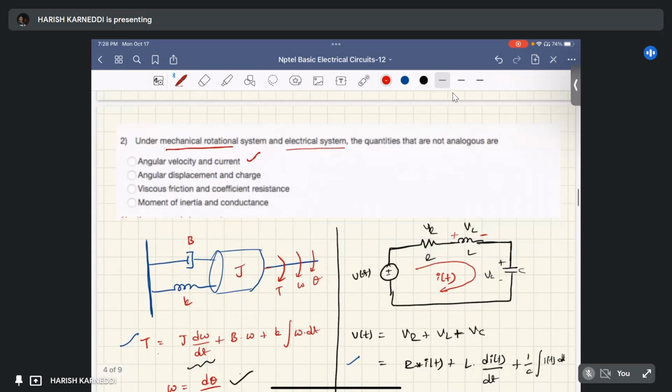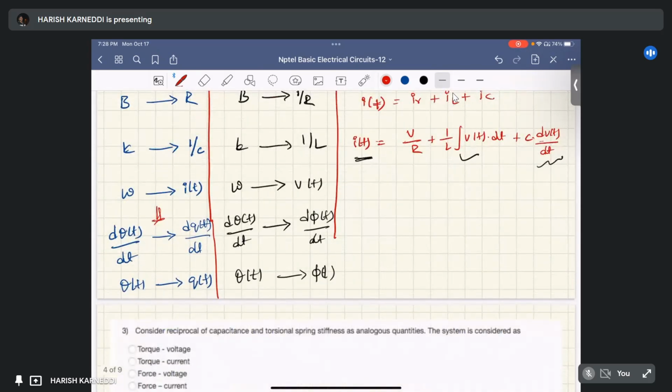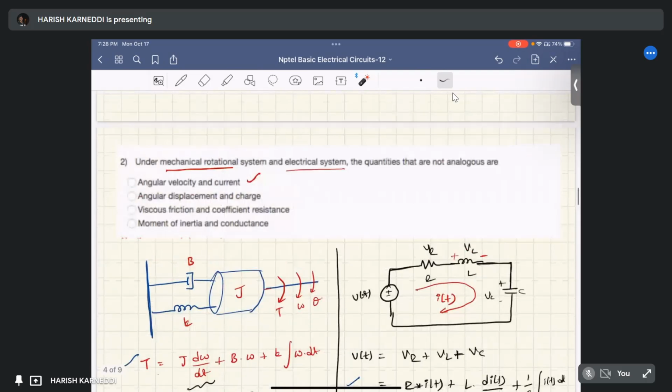And angular displacement and charge: the angular displacement theta of t is analogous to q of t, that is charge. So this one is also correct.